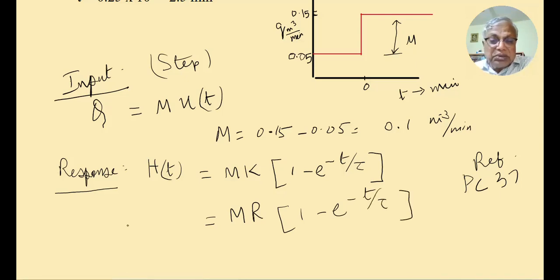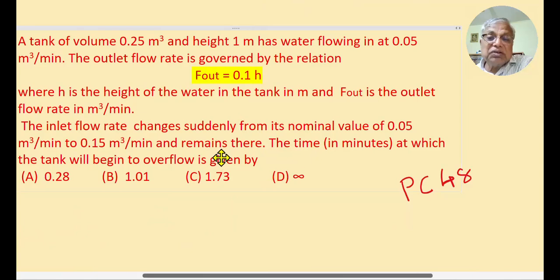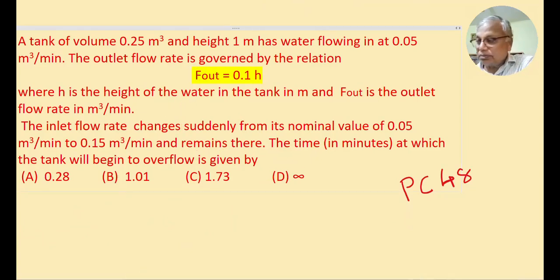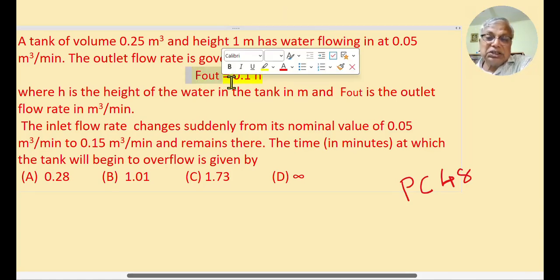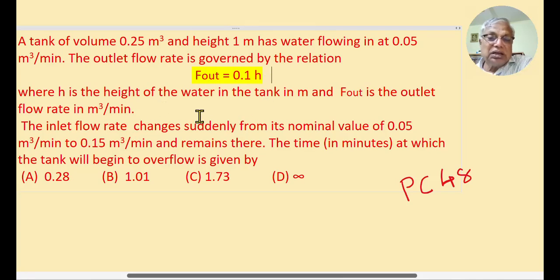And capital H on this side means what? The deviation variable, h minus hs. We need to know what hs is also. For that we go to the steady state relationship given: F out equals 0.1 H. Hs means the initial steady state height.